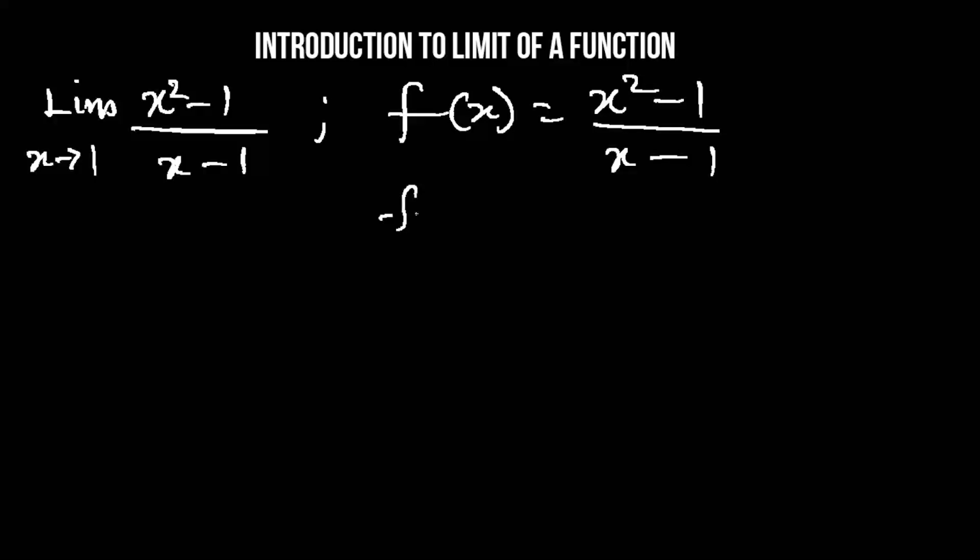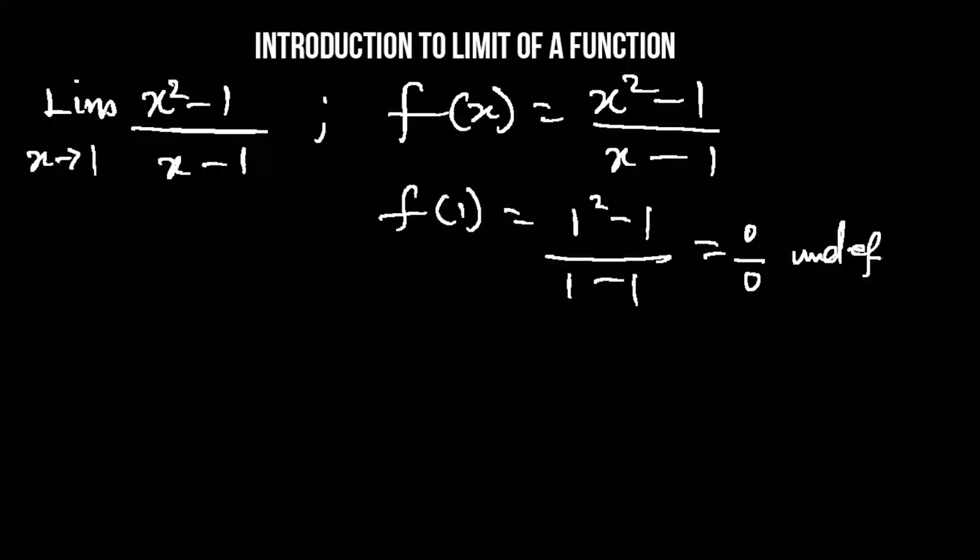So if I say find f of 1, you are going to find 1 squared minus 1 divided by 1 minus 1, and that will be 0 over 0, what we refer to as undefined. Now, if we do the same thing with the limit, we are going to have this same thing. However, we are not supposed to have this same result if we are to take the limit of this given function.